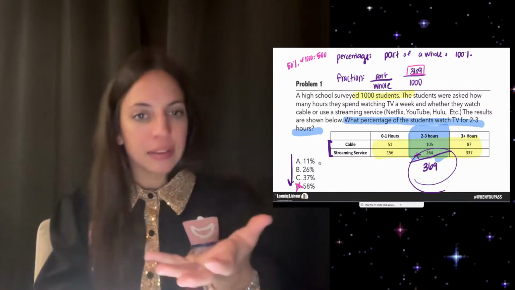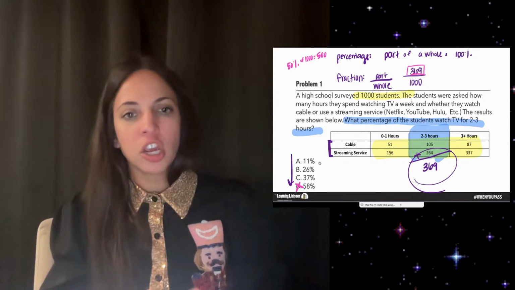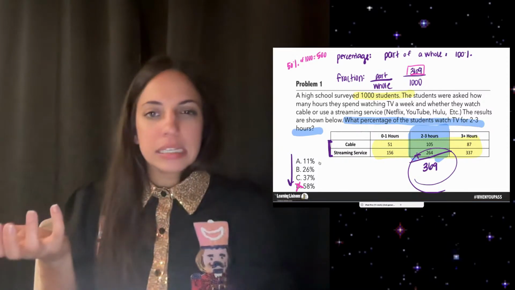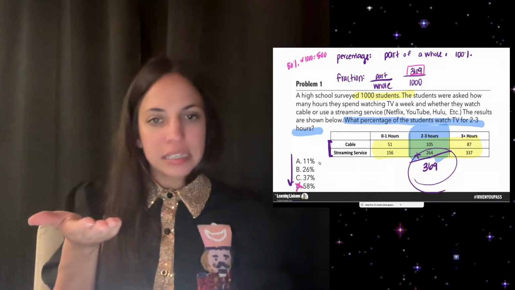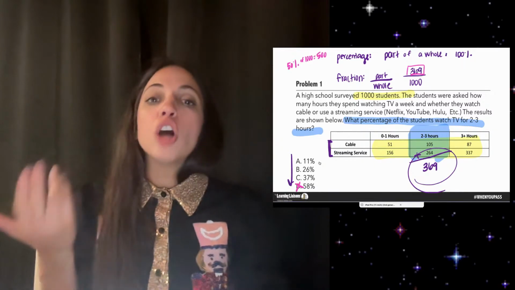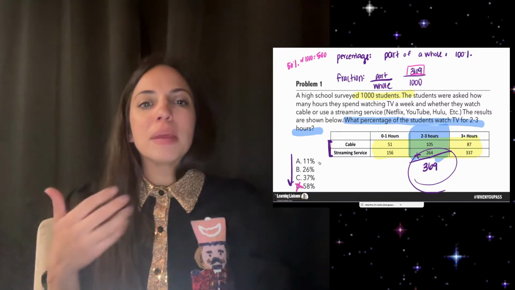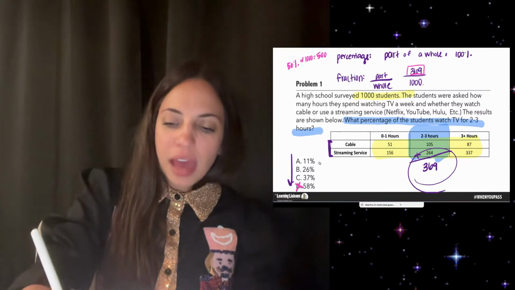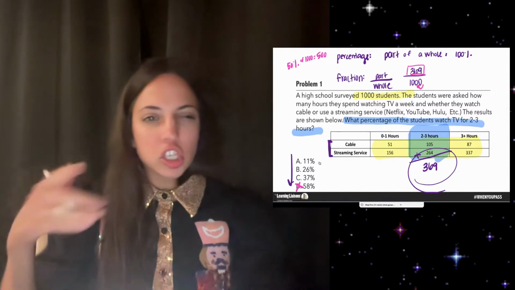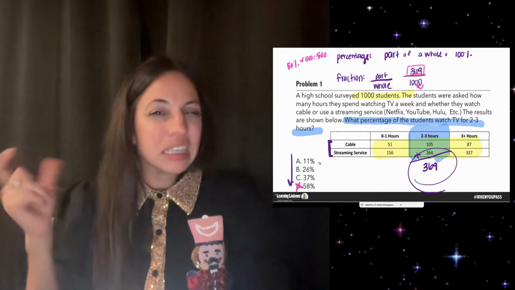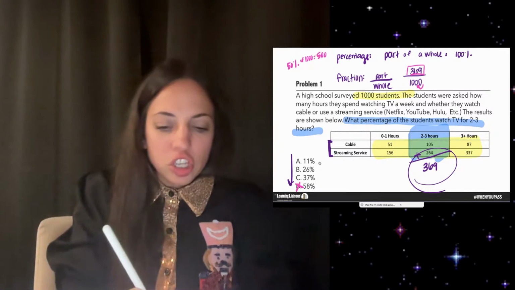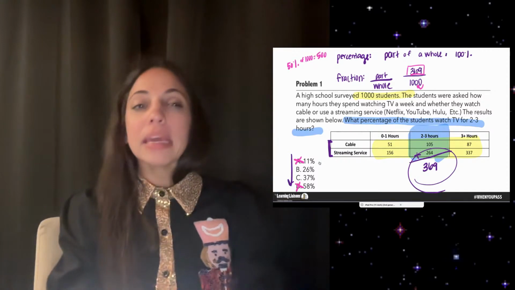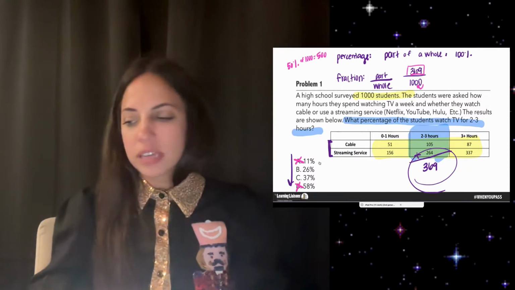Because if I'm running out of time and I don't have time to sit here and figure out the percent, or I'm a little confused, I can quickly see that this is going to be less than 50%. I also know that it's going to be more than 11% because 10% of 1,000 is 100. And so 11% is just going to be slightly bigger than 100. And so it's not going to be 11% either. So I can now make an educated guess if I was running out of time.